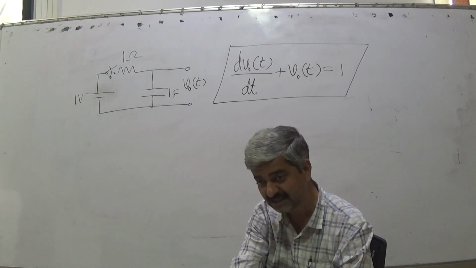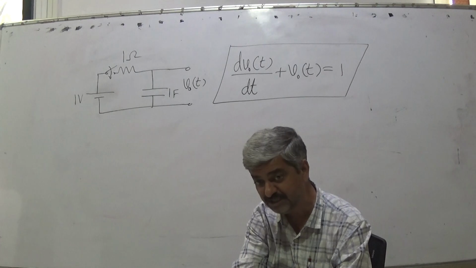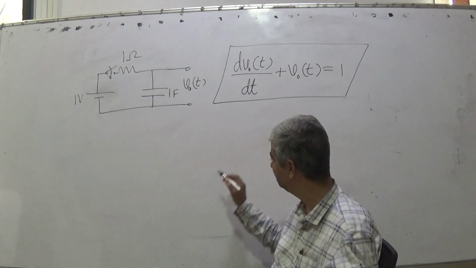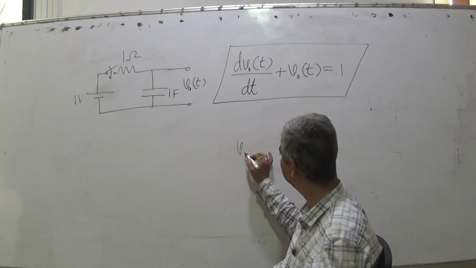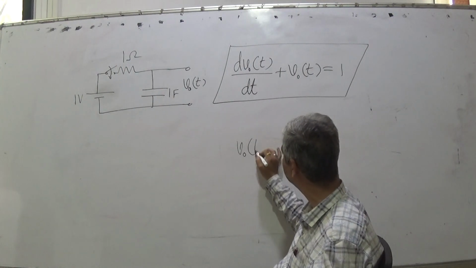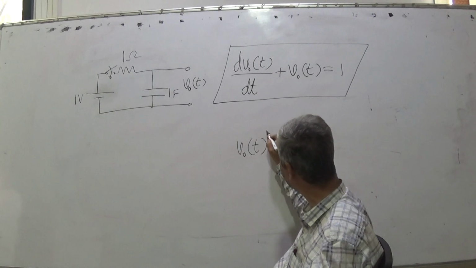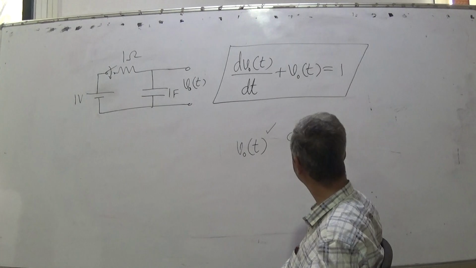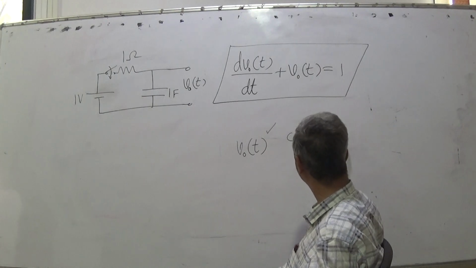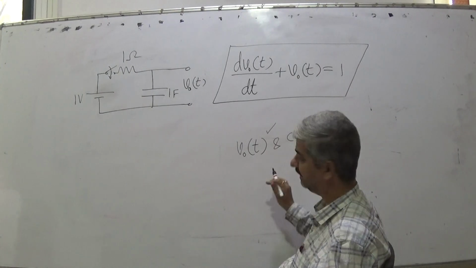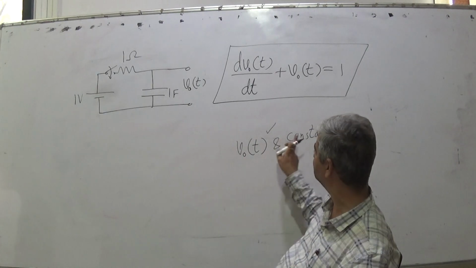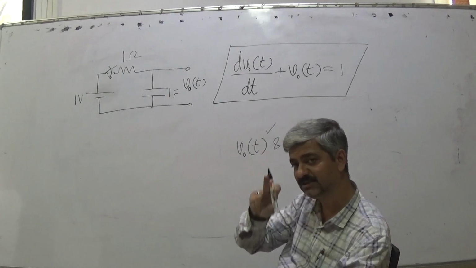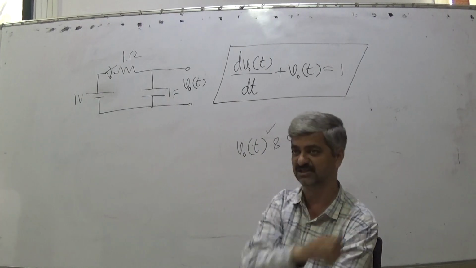Now, when we get a simple equation between v0(t) and some constants, it has a fixed solution. That is a stringent restriction.